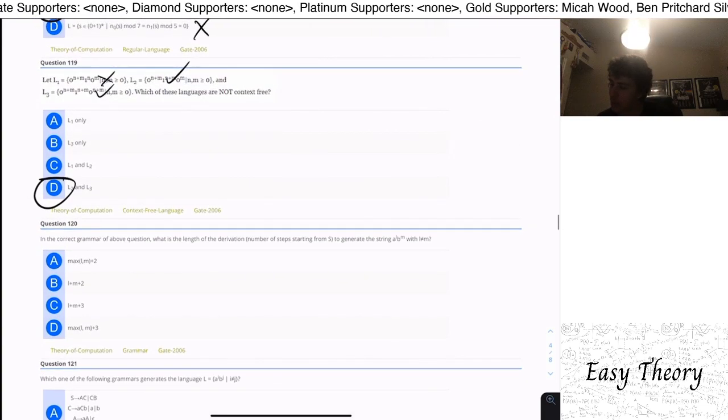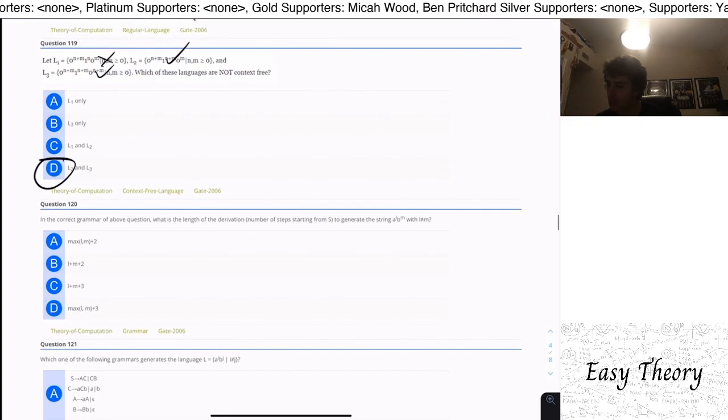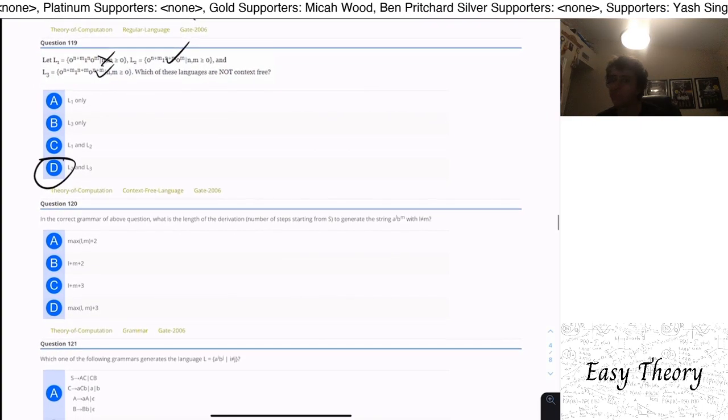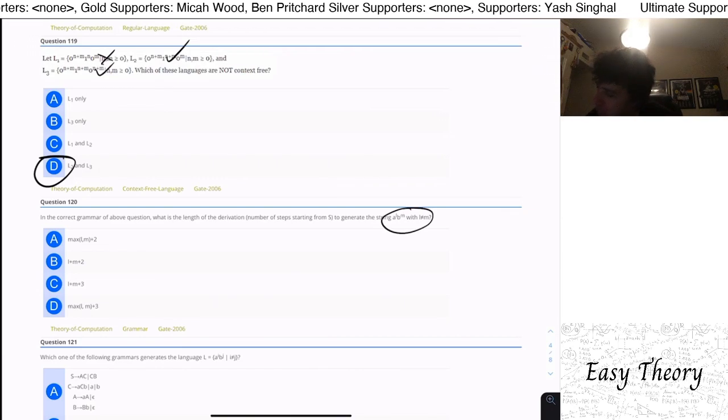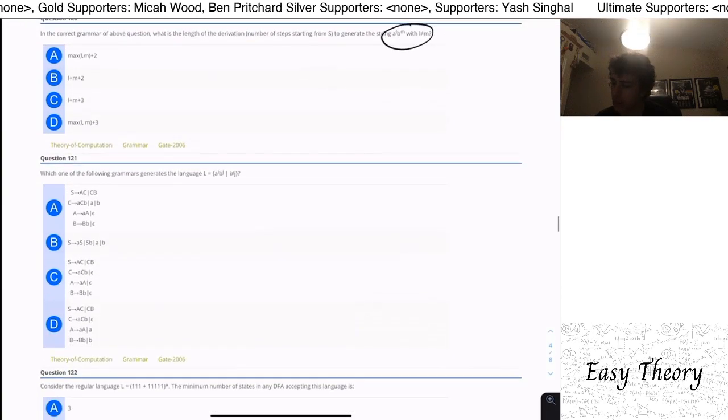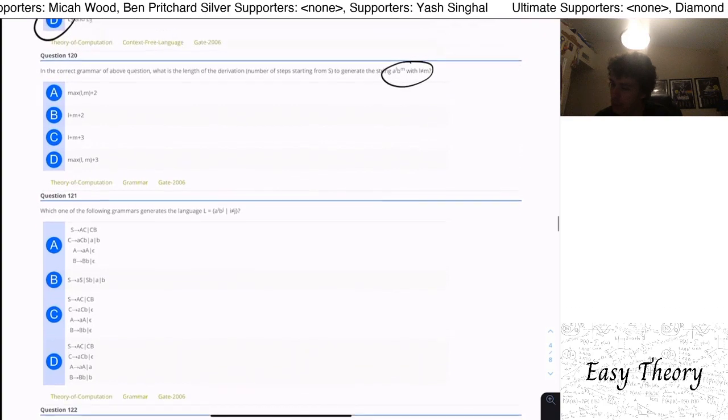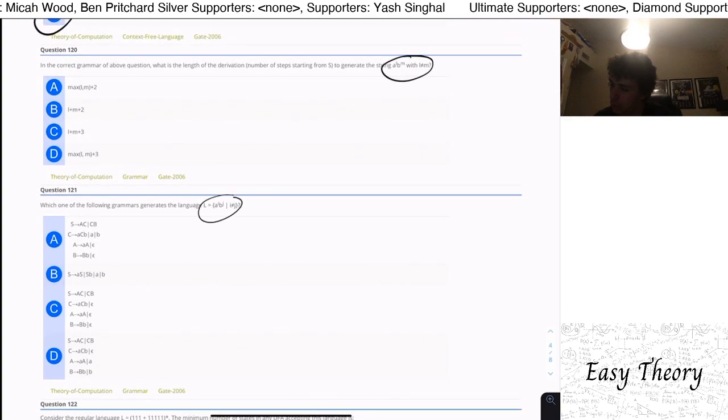What is the length of the derivation to generate the string? There isn't a grammar in the above question. Yeah, so there isn't a grammar there, so I'm not going to do it. Maybe it was this one. Which of the grammars makes this?